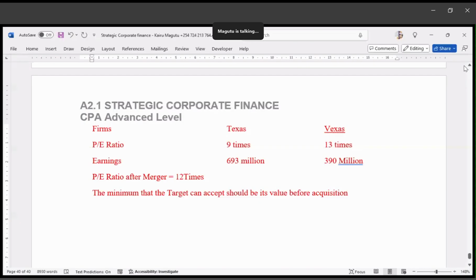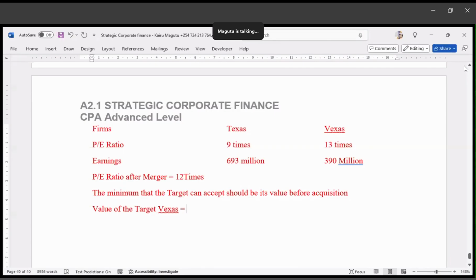So what is the value of the target? This is Vexas. We have the price earnings ratio, and we have the earnings. Price earnings ratio is equal to market price over earnings.